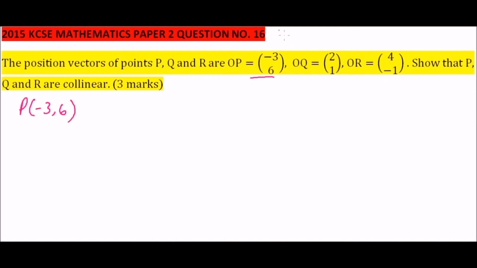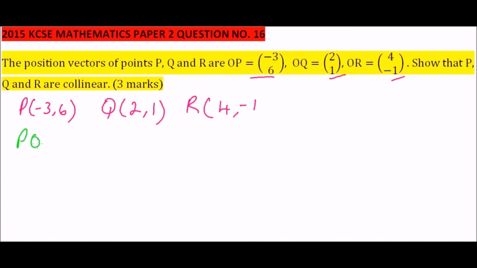We just write in column form when you are writing the position vector of the coordinates. And the Q coordinates are 2, 1. This is a position vector of Q, and the coordinates of R are 4, minus 1. So those are the coordinates. Then it means we have to look for the column vectors.